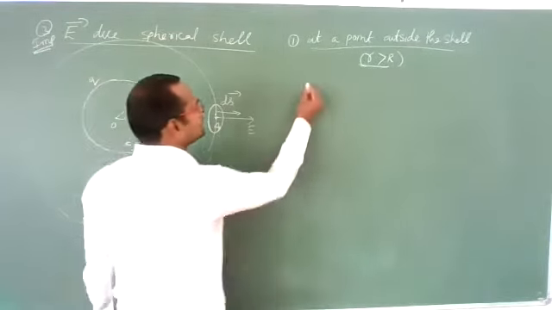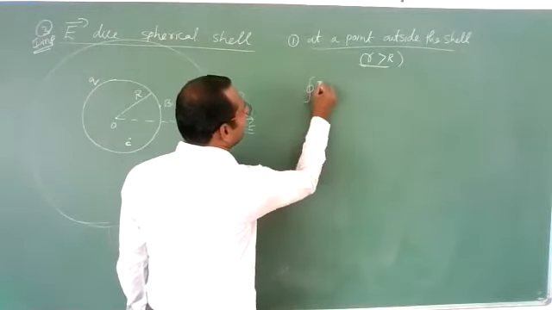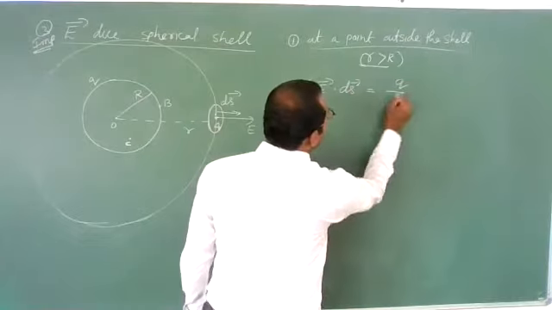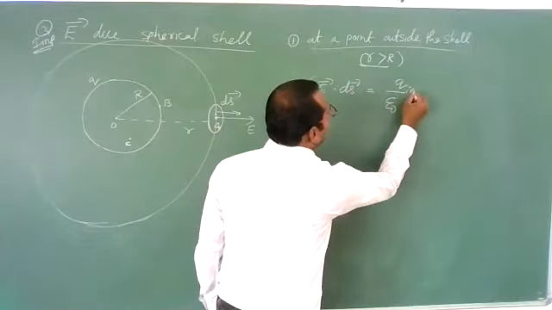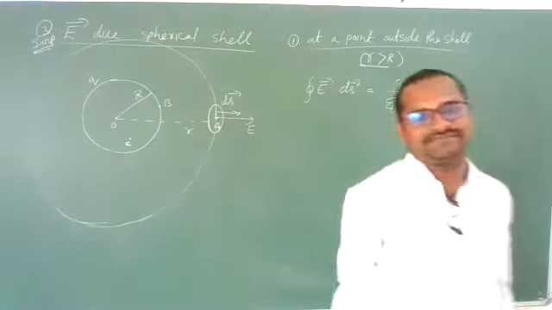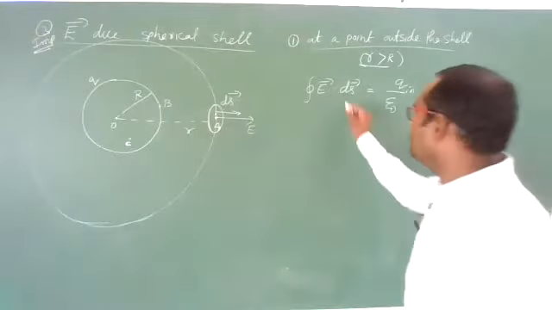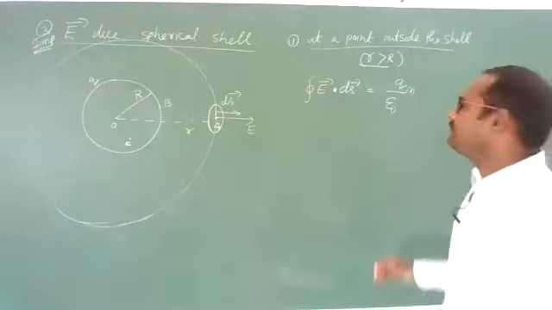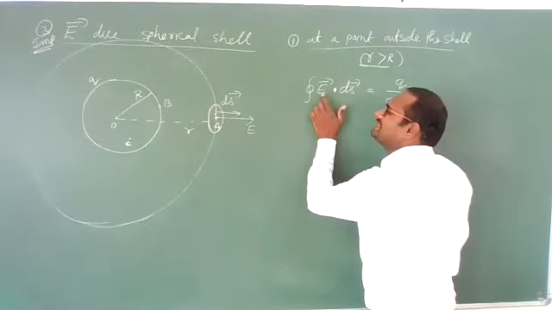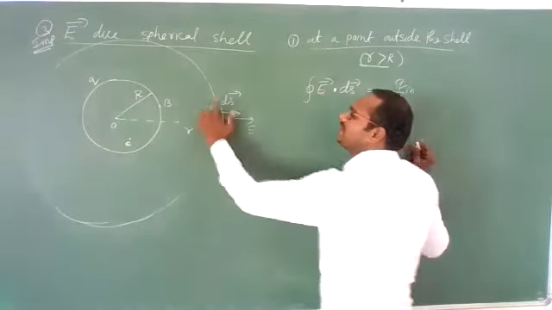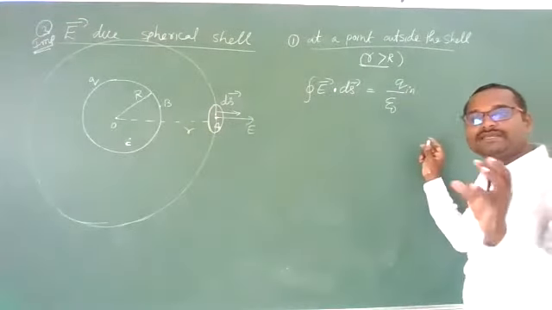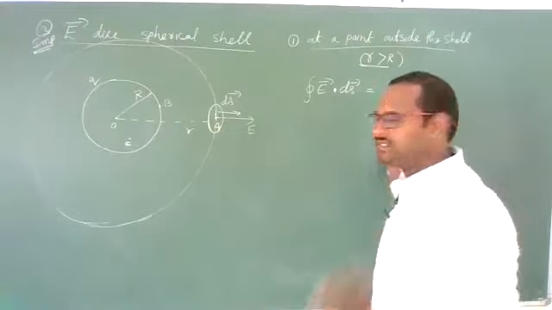So we can consider this as a Gaussian surface. Now use Gauss law. The surface integral of E bar dot dS bar is equal to 1 by epsilon naught times the charge enclosed within the Gaussian surface. The dot product is removed because these two are in the same direction. Because the electric field is constant at every point on the Gaussian surface, we can take that constant term out of the integration.